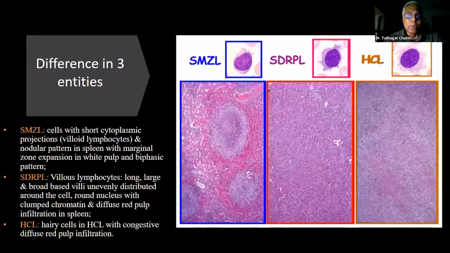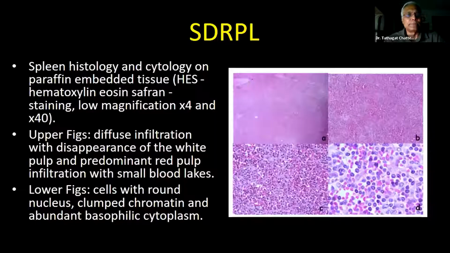Remember, the most important thing is immunophenotype, where SDRPL is negative for all the hairy cell markers and just positive for DBA44 and CD20. The spleen histology, and many times we see only the spleen to diagnose SDRPL. The spleen histology and cytology on paraffin section shows diffuse infiltration with complete disappearance of the white pulp and predominant red pulp infiltration with small blood lakes.